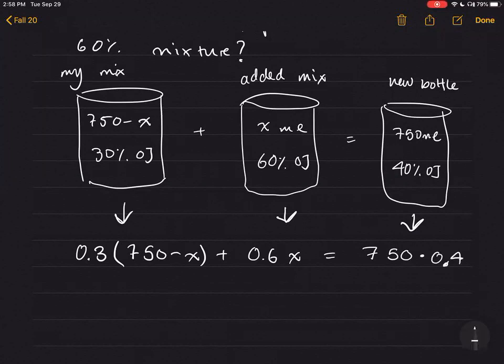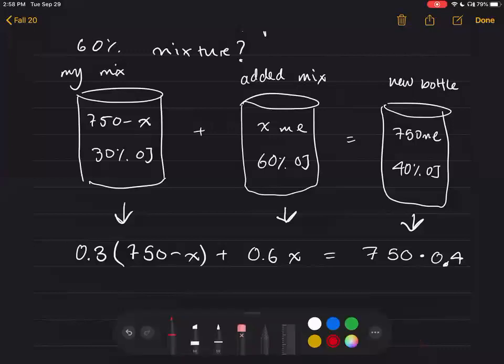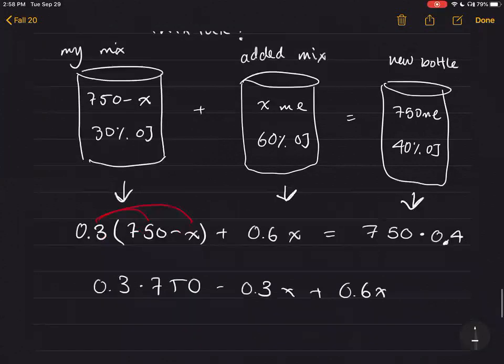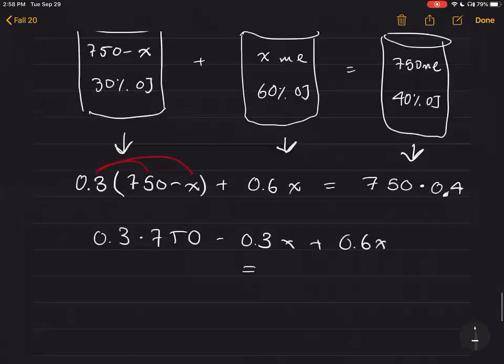Cool. Now we have an equation and we can just solve for x, right? So if we follow some steps, I'll distribute this into here like that. And so I get 0.3 times 750 minus 0.3x plus 0.6x equals, and then if you do this math right here, you should get 300. And then this comes out to 225.